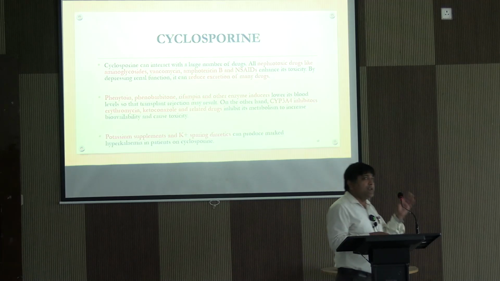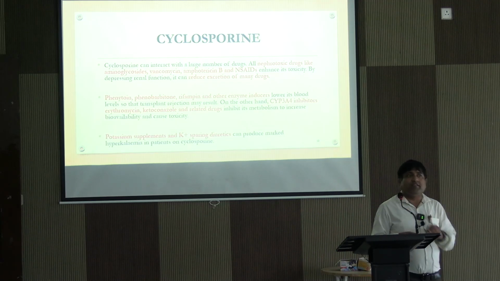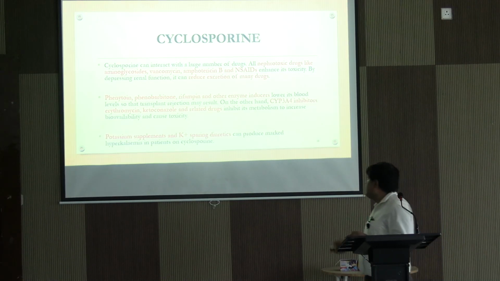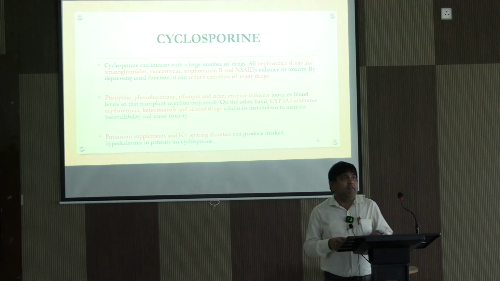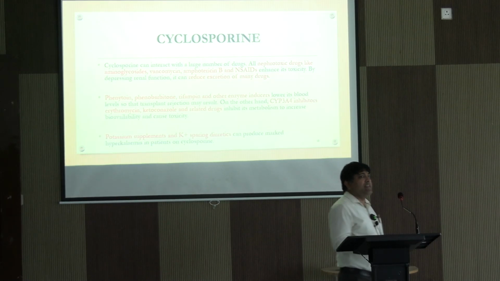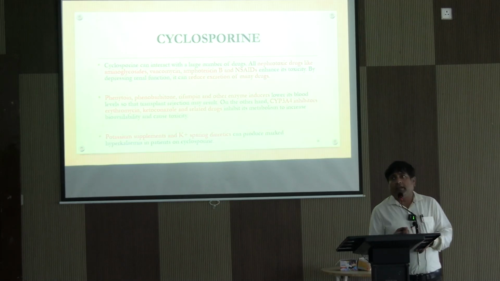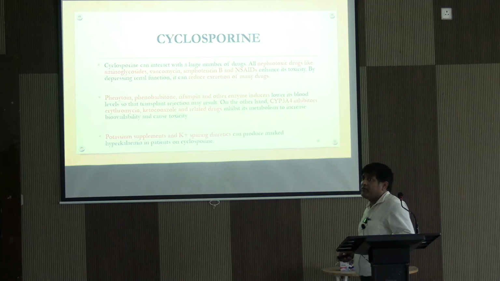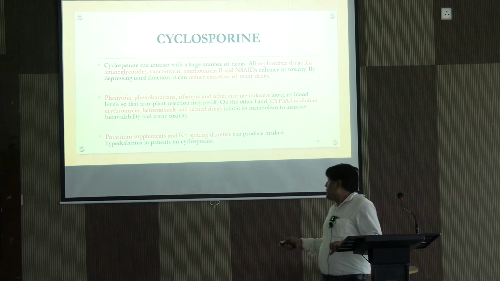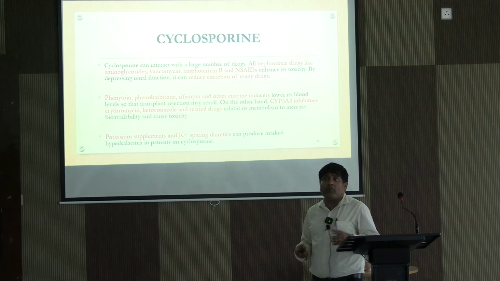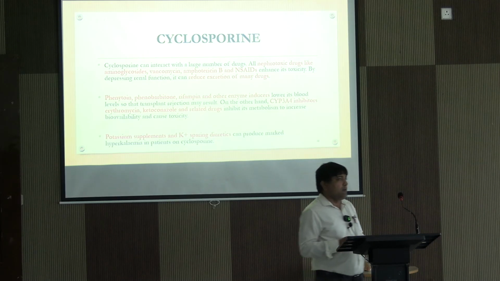As it is metabolized by the CYP3A4 enzyme, enzyme inducers like rifampicin, phenytoin, phenobarbital lower its blood level and decrease the efficacy of the drug. Enzyme inhibitors like ketoconazole and erythromycin increase the blood level and cause toxicity of the drug. Potassium supplements and potassium sparing diuretics when co-administered can cause severe hyperkalemia.